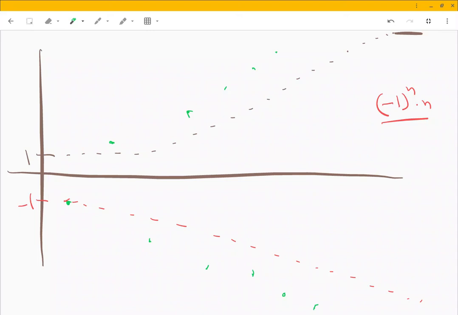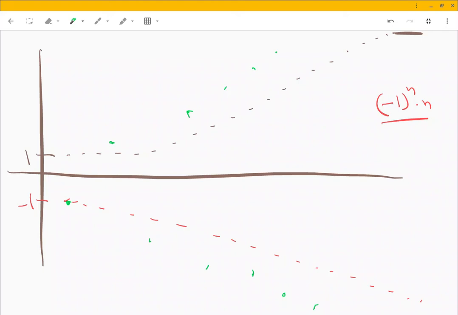Then what kind of sequence can we have? See, these are unbounded sequences. Then this brown sequence, it is bounded below, unbounded above. This red sequence, it is bounded above, unbounded below.